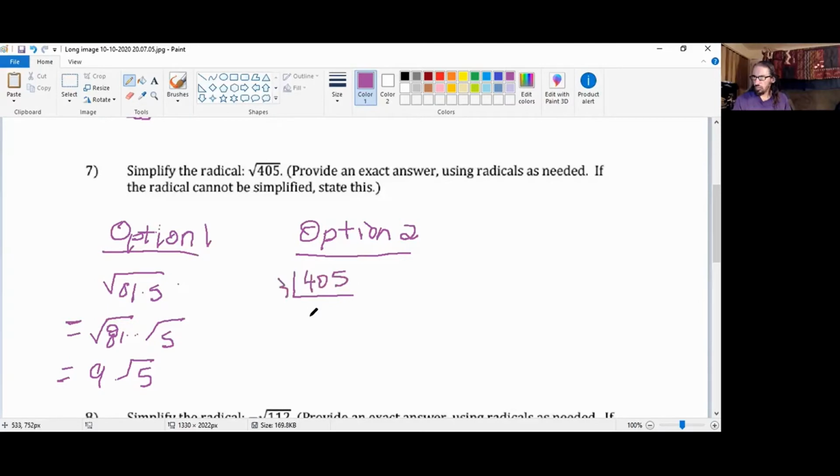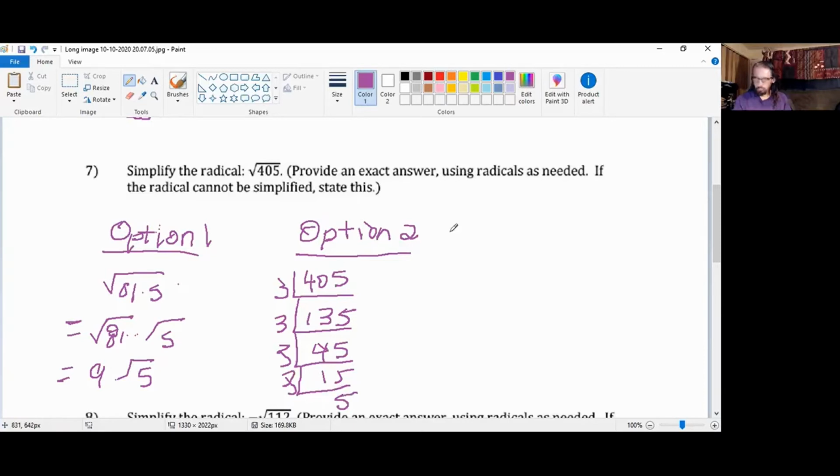And it's going to go in, let's see, 135 times. 3 will go into that again, 45 times. 3 goes into 45 15 times. And 3 goes into 15 5 times. We stop when the other is also a prime.